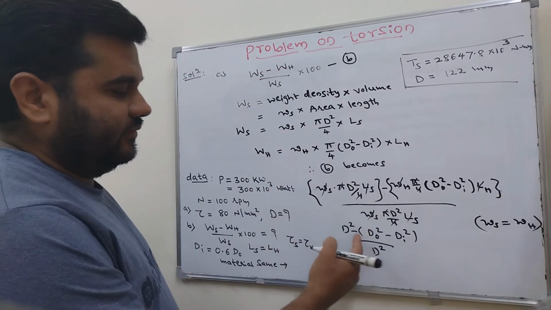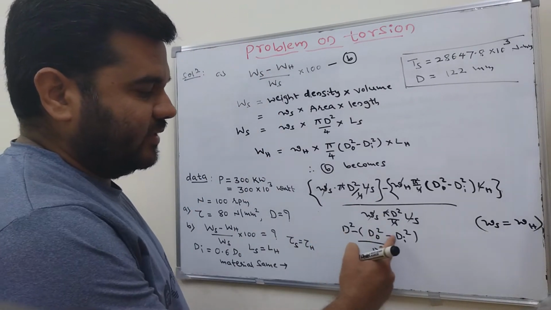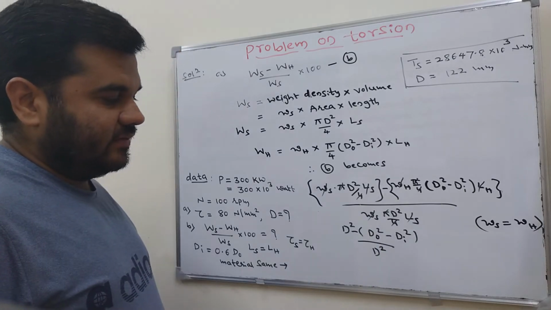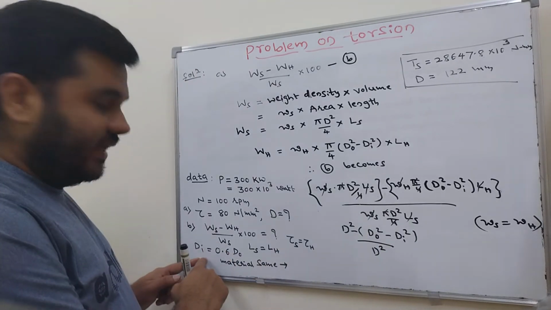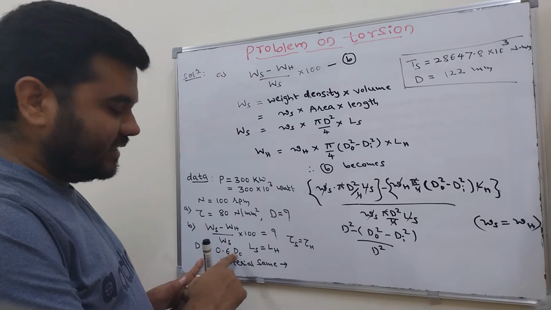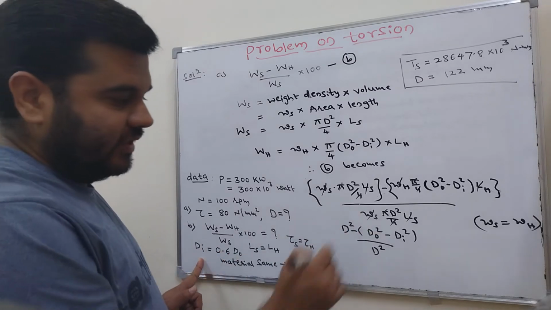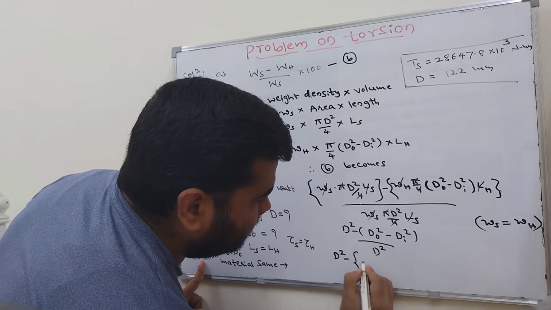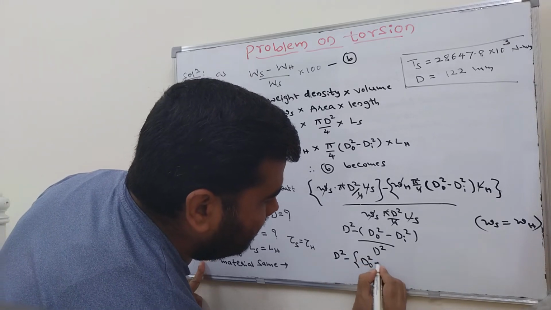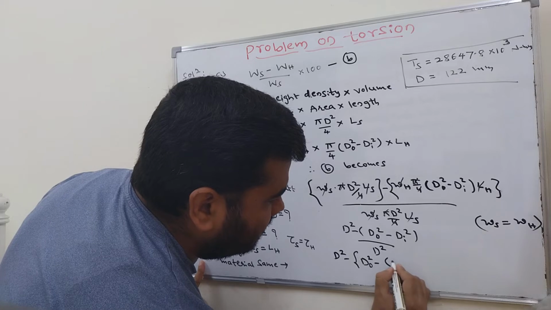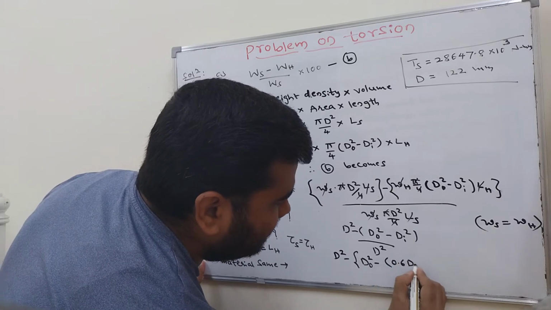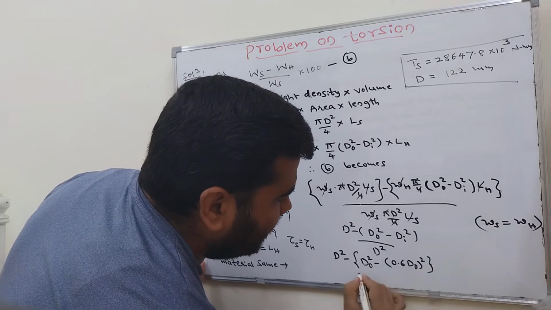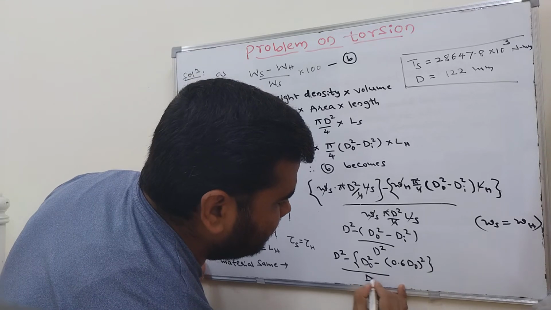Now he has given one more condition: the inner diameter of the hollow shaft equals 0.6 times the outer diameter. Substitute here: d square minus (d naught square minus (0.6 d naught) square), divided by d square.